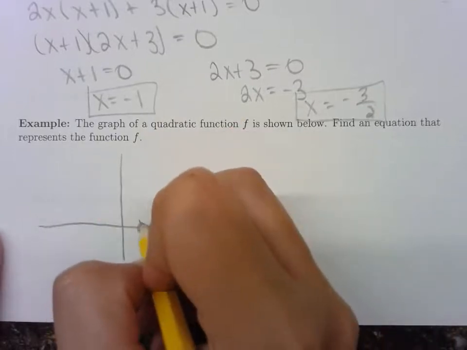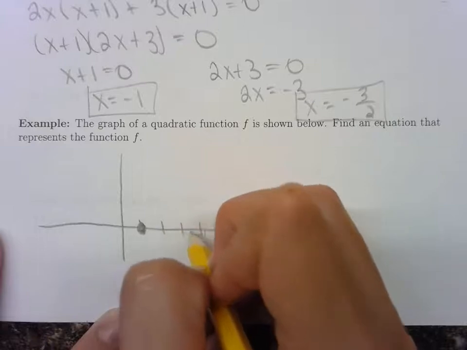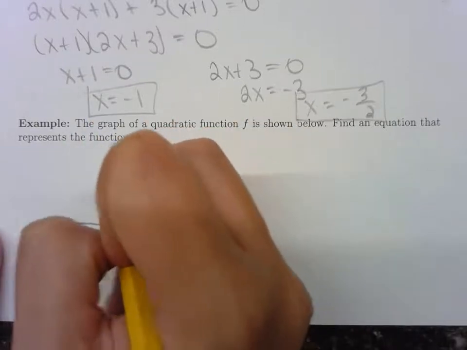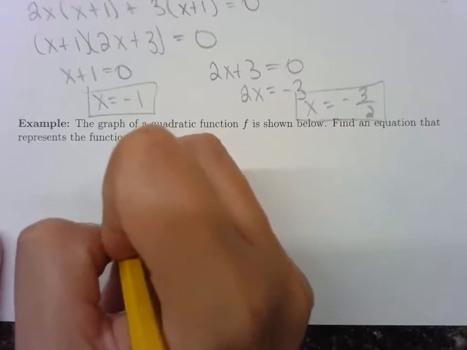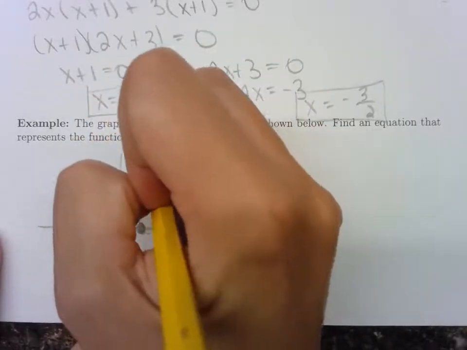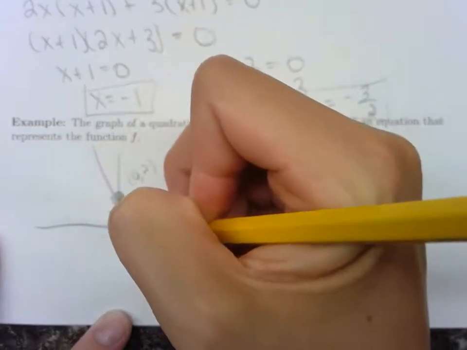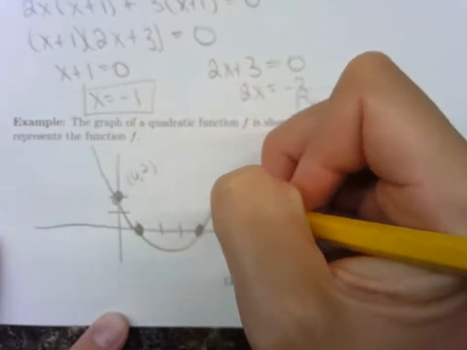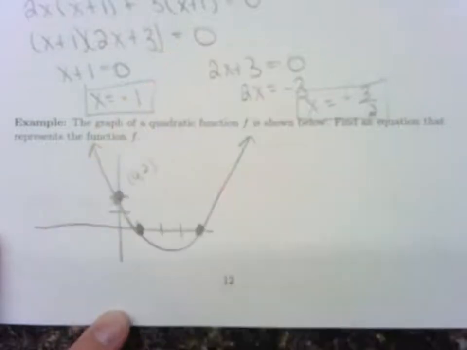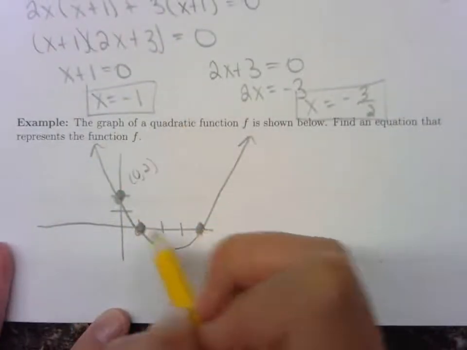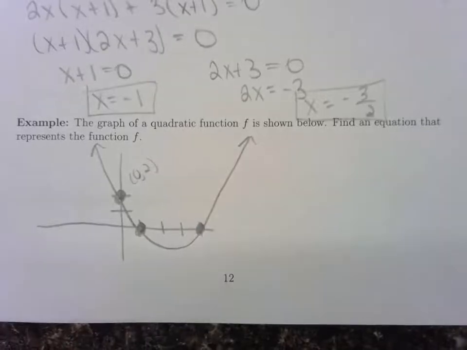We have a point at (1, 0), (4, 0), and also (0, 2). Okay, and then our parabola looks like this. So what's important here are these 2 points. Okay, we can do something with that.